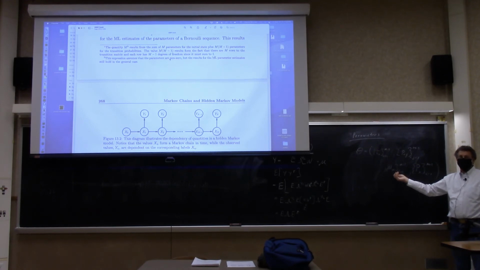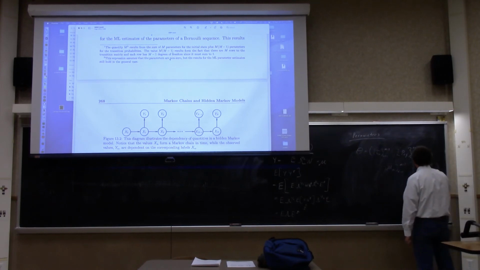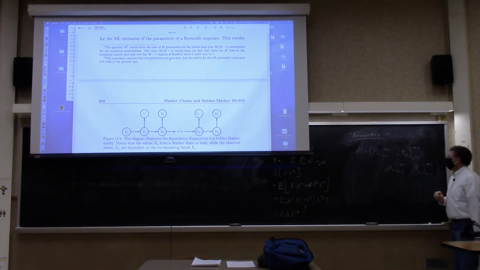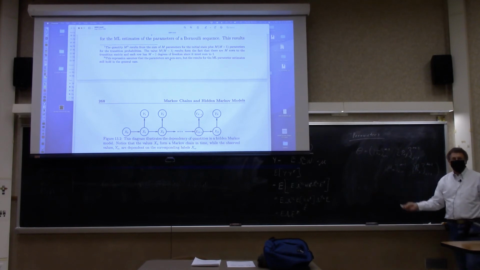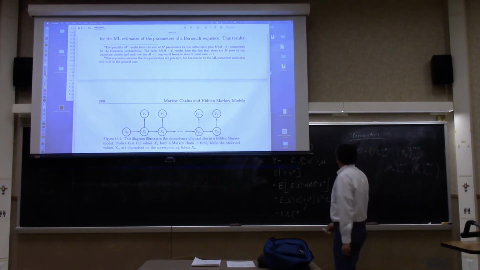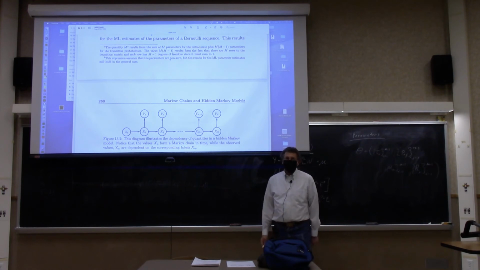It's the mean of the observation y, given that you're in state I. And what's this? This is R. So this is a matrix, that's a vector, okay? So you need to know all those things, right?